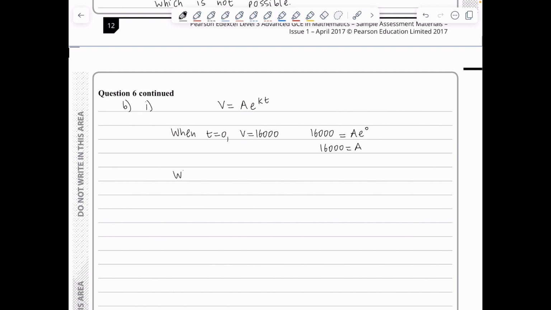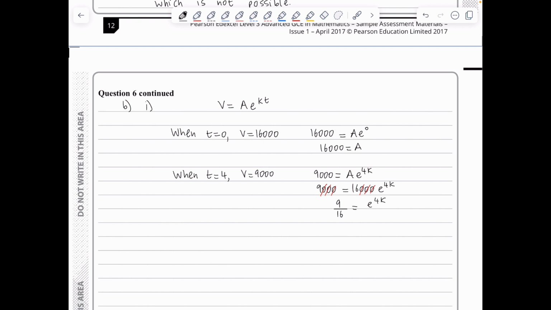We also know that when t is 4, capital V is 9,000. So we have that 9,000 is equal to A e to the 4k. We have found A to be 16,000, leading to 9,000 is equal to 16,000 e to the 4k. Now the 3 zeros on either side can cancel out, and I obtain that 9 over 16 is e to the 4k.